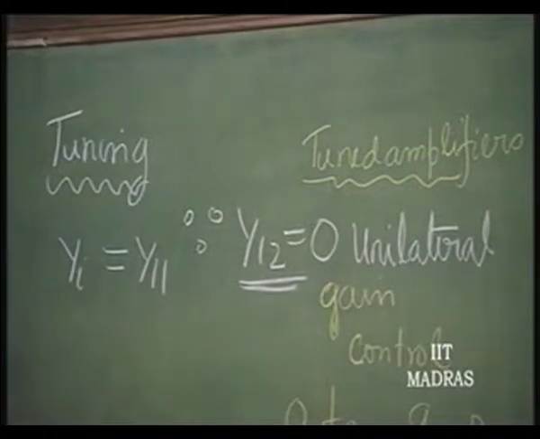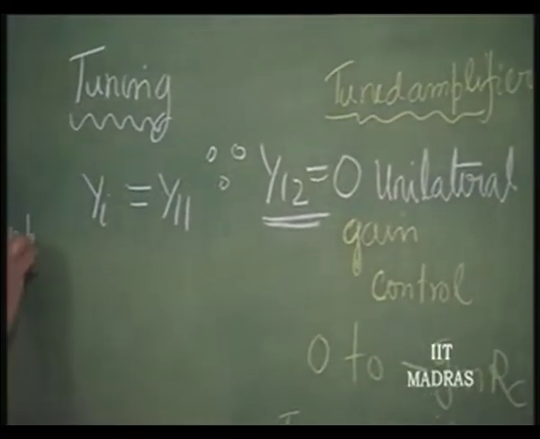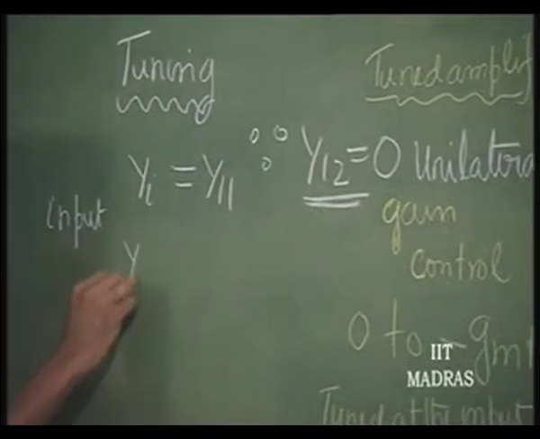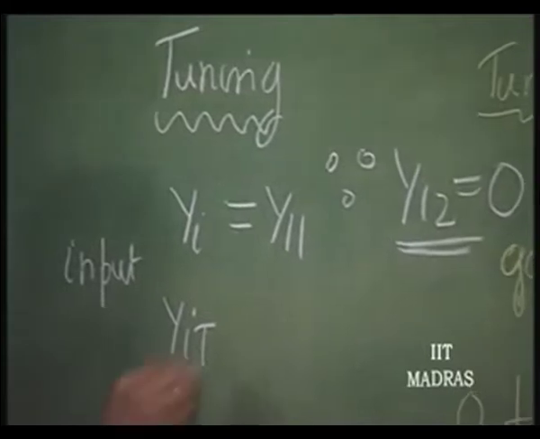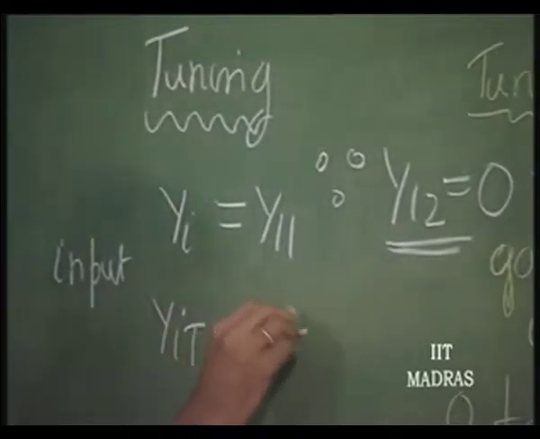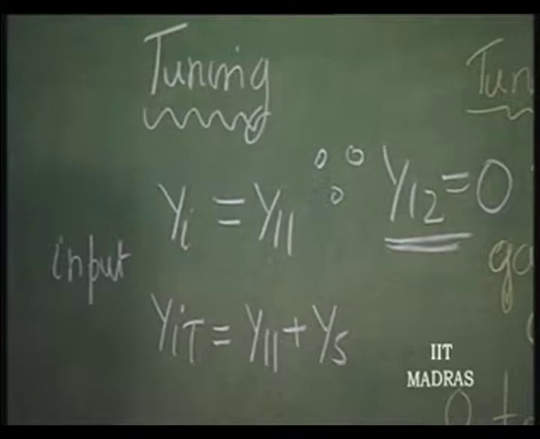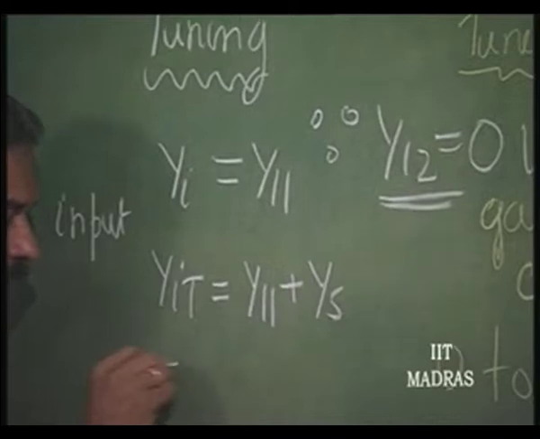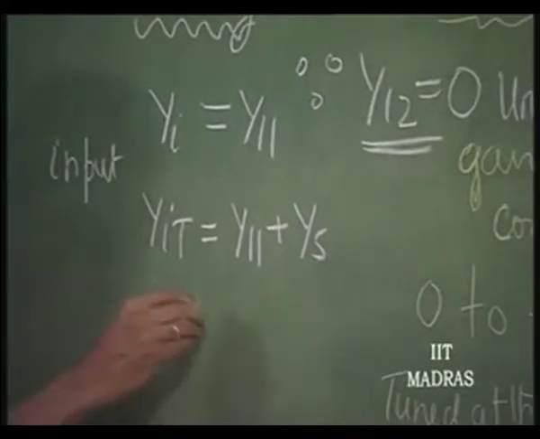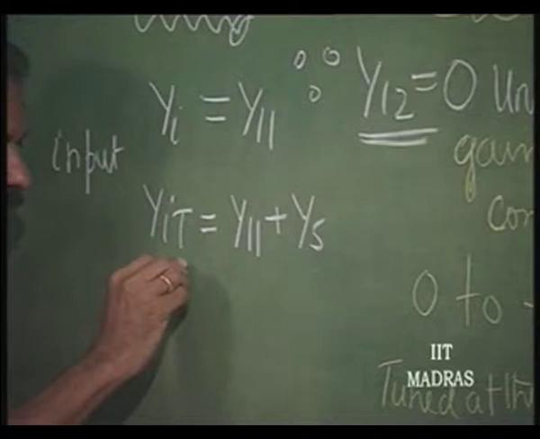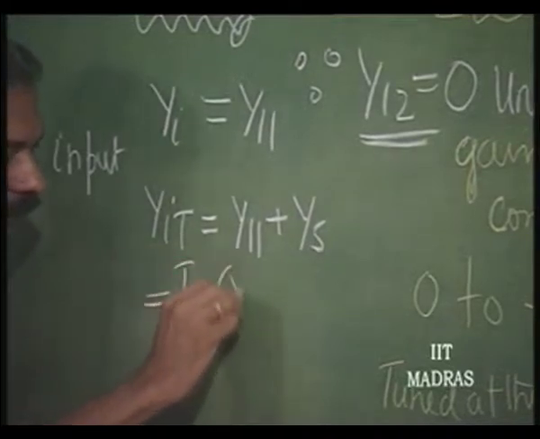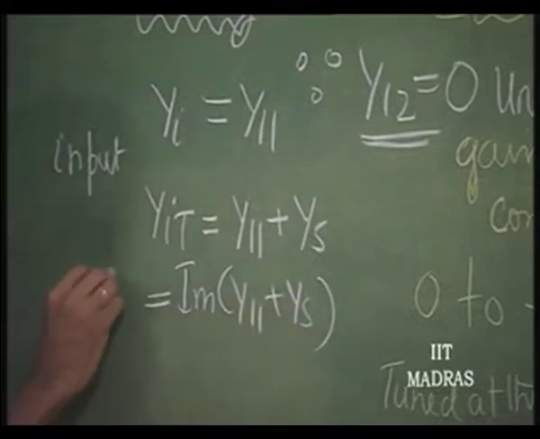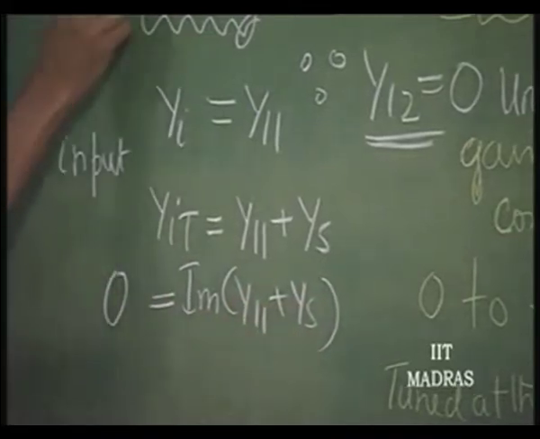What is tuning the input? Y I is equal to Y11, but Y I total at the input is nothing but Y11 plus Ys, because this is the signal source. Tuning means making the imaginary part of Y11 plus Ys go to 0. This is what is called tuning.